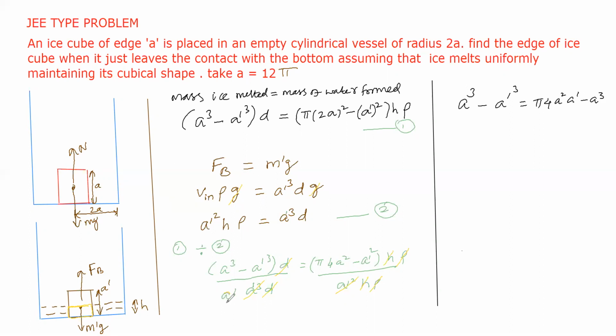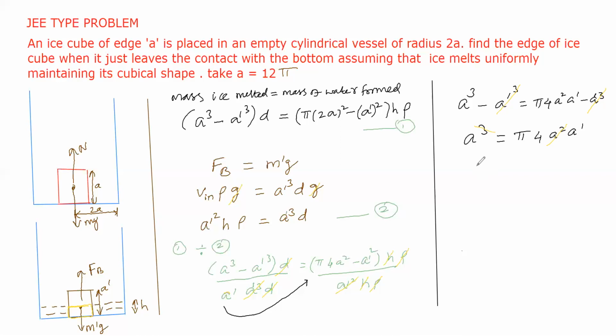Here we are multiplying by this a dash, so after multiplying we get a cube minus a dash cube equal to pi into 4 into a square a dash into a cube dash. Now a dash cube cancels. So what is left now? A cube is equal to pi into 4 into a square into a dash. Now we can cancel a square and a cube, and only a is left.